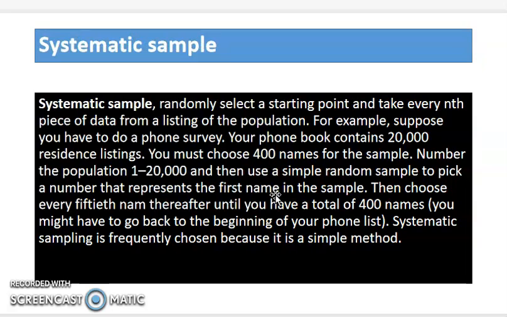Then systematic sampling. Systematic sampling means choosing a random starting point and taking every nth piece of data from a listing of the population.